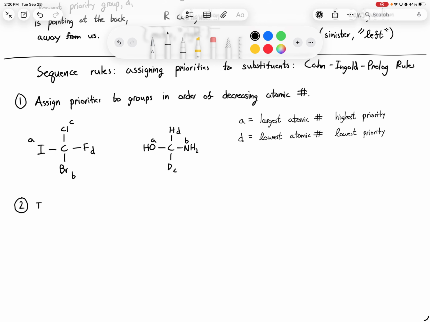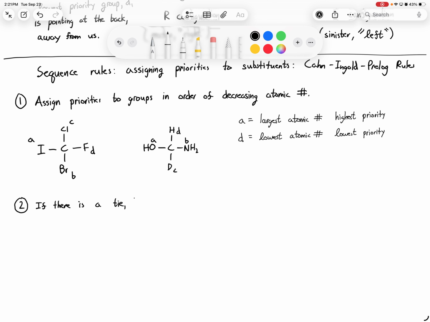So if there is a tie, what do you guys think I mean by tie? Yeah, two carbon atoms directly attached to my chiral center, right? You'd be like, oh, they're both carbon atoms. What do I do now? Okay, so that's what I mean by tie.